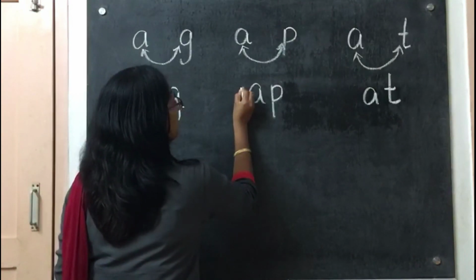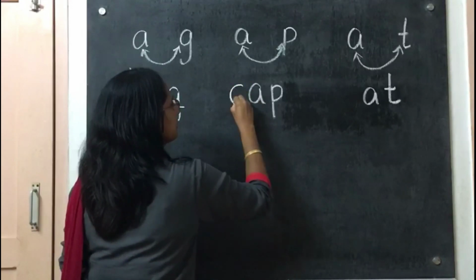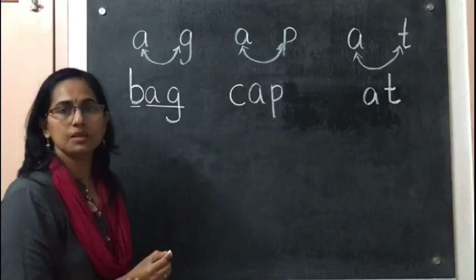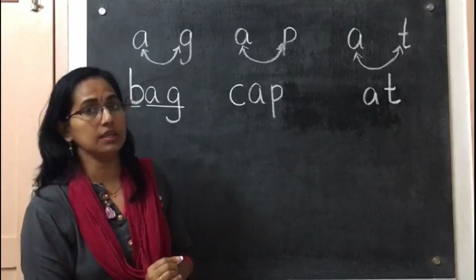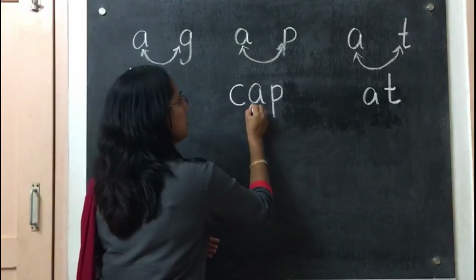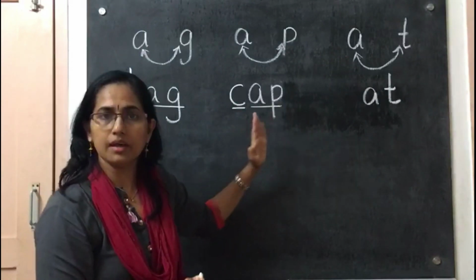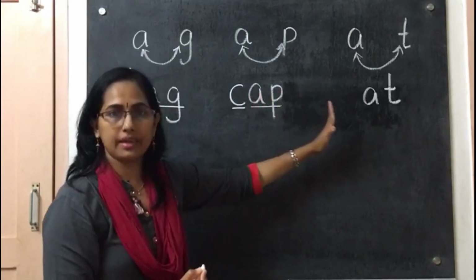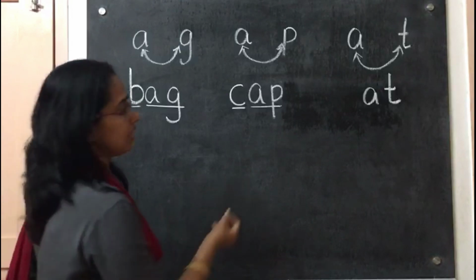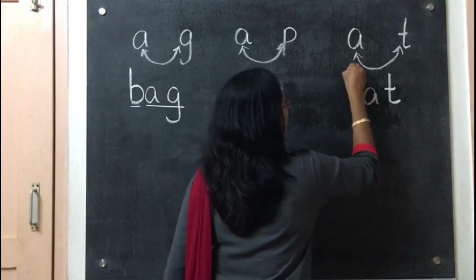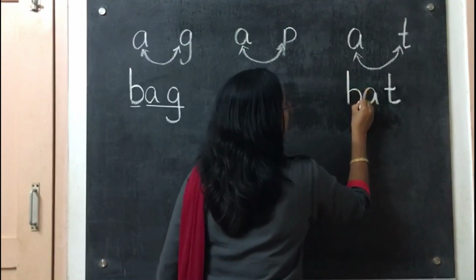Here, let me join letter C. The sound of C is K. Cat, right? And here I am going to join letter B. Bat.